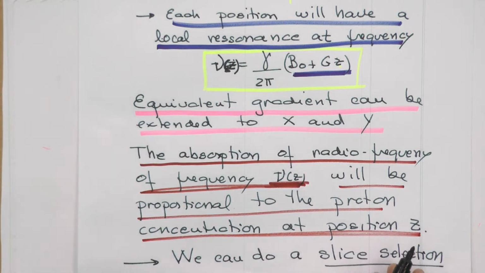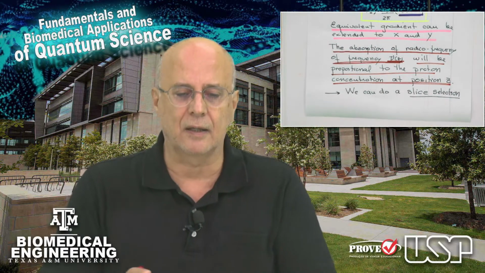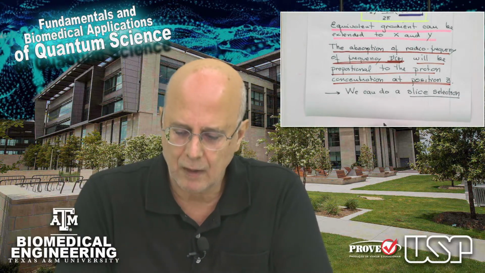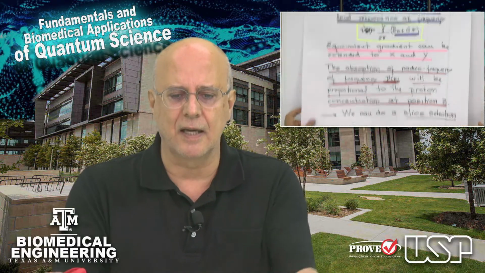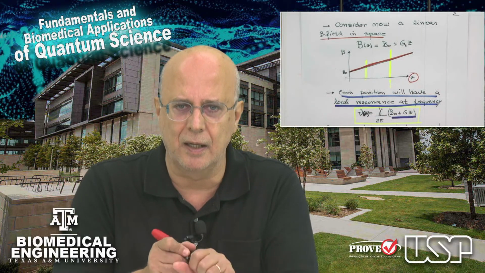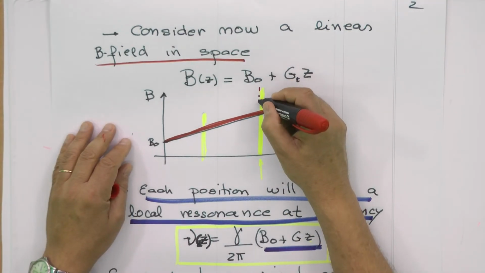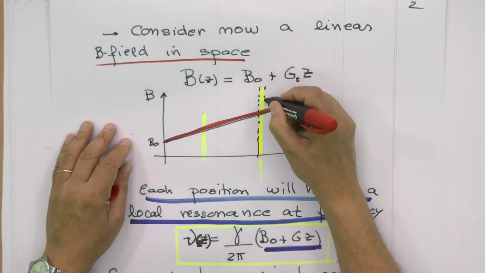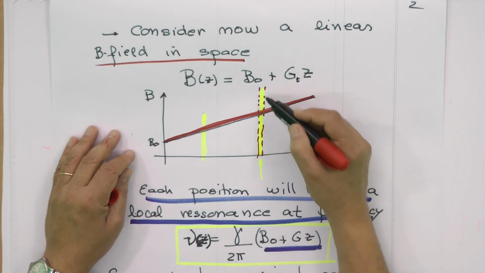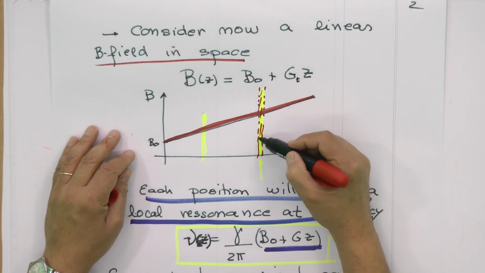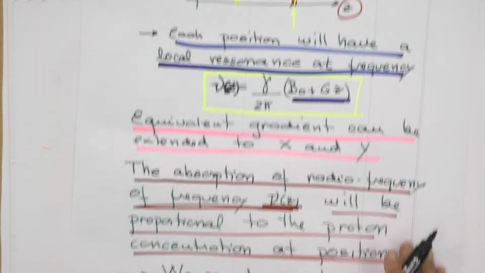With all the shifts and everything, I can take care of it. So it's like doing, in this case, a tiny little slice selection. I'm coming here, and by selecting the frequency, I fix the field, and by selecting the frequency, I am sampling a tiny little slice of space.